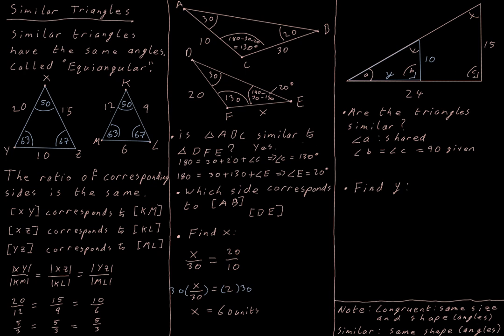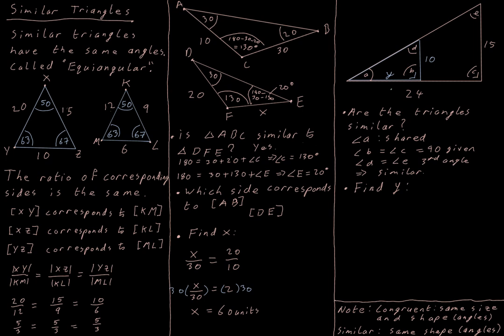So if B and C are the same and A is shared, that means the third one has to be the same because you're subtracting A and B or A and C from 180 degrees to get this third angle. So the third angle has to be the same as well. Therefore, it is similar.